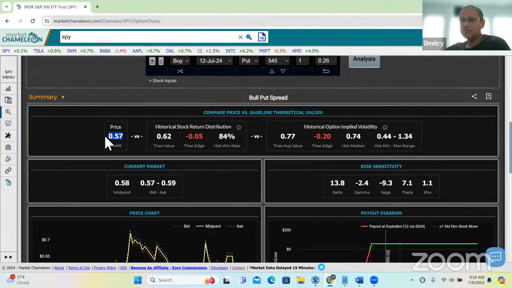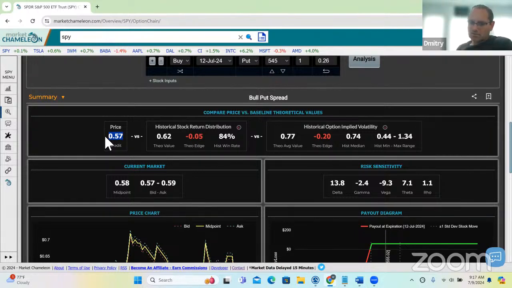Meaning at the end of the 4 days, how often did it result in a profit, which means it would be worth less than 57 cents? Because if you're selling at 57 cents, you want it to go lower, right? You want to buy back cheaper, or you want it to go out worthless.